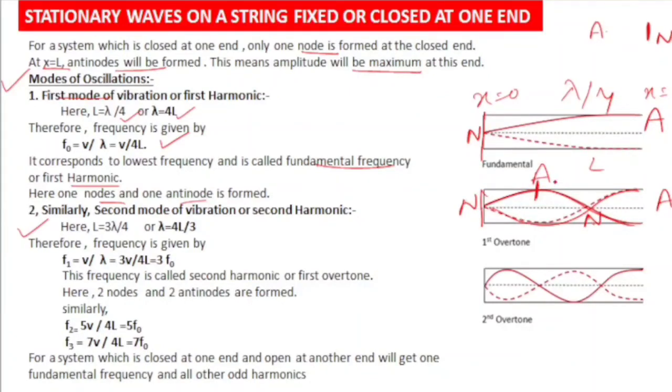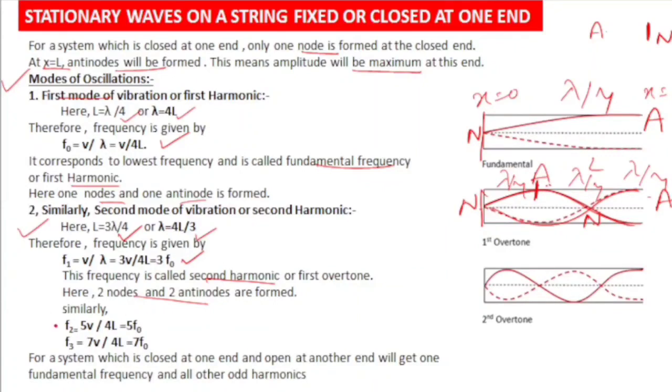So 2 nodes and 2 antinodes are formed in the second mode of vibration. The distance between node and antinode is again lambda by 4, antinode and node is lambda by 4, again node and antinode is lambda by 4. It means 3 lambda by 4 is equal to L, or lambda equal to 4L by 3. From there you get the frequency as 3v by 4L, or 3 times the fundamental frequency. This frequency is called the third harmonic, or first overtone.